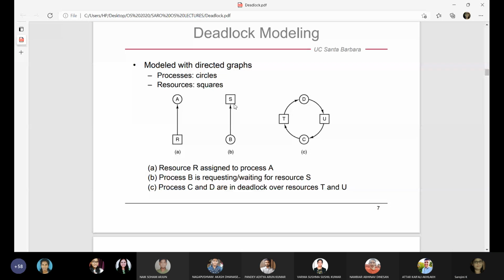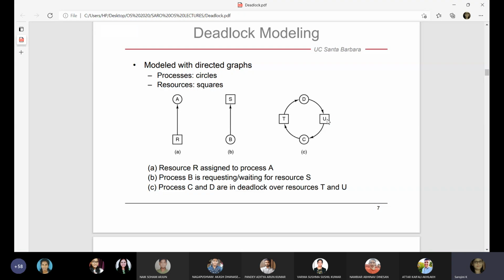Now this is a deadlock. This diagram denotes deadlock. Why? Look at process D. Process D is requesting resource U while possessing resource T. Process D currently has resource T, but it is requesting another resource, which is U. Is this clear?